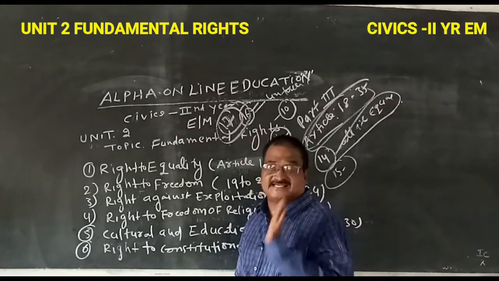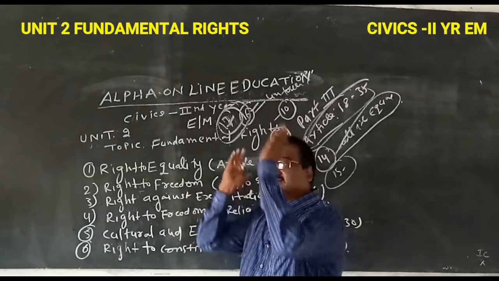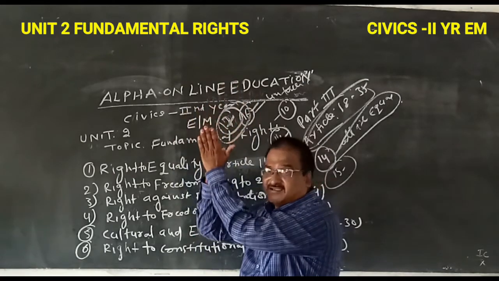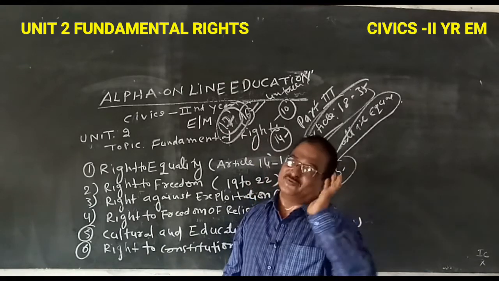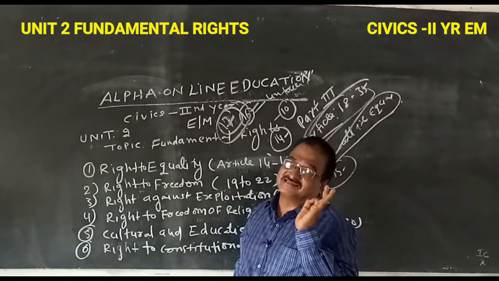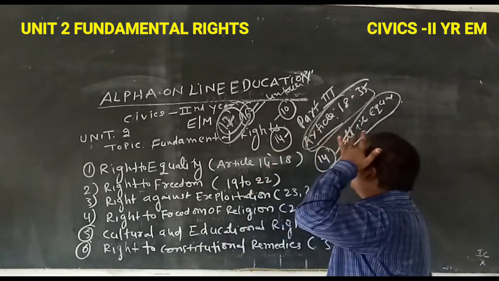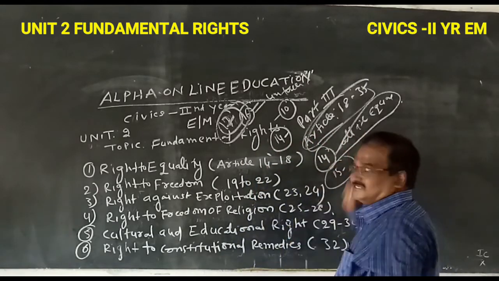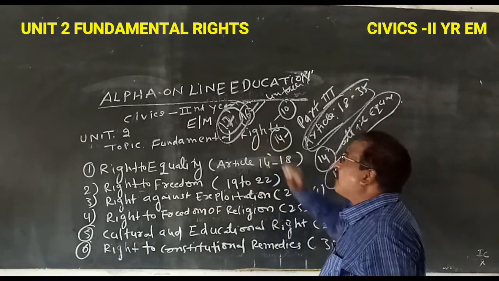Article 17 says untouchability is a crime. In Telugu, antarani tanamu anedi oka neram. So the 17th says untouchability is a crime.